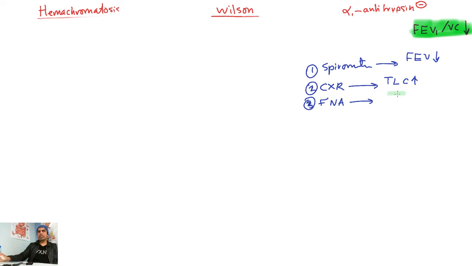Now on chest x-ray, how do you recognize total lung capacity increase? That means the lungs are expanded. The dark area is increased on x-ray. When you take a chest x-ray, in the center and slightly to the left you have the heart. On each side you have dark area, which is lung or air. The space between the heart and the thoracic wall will be increased.